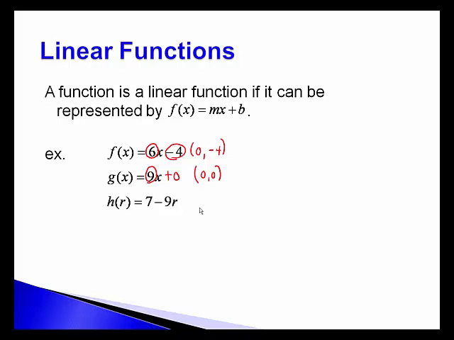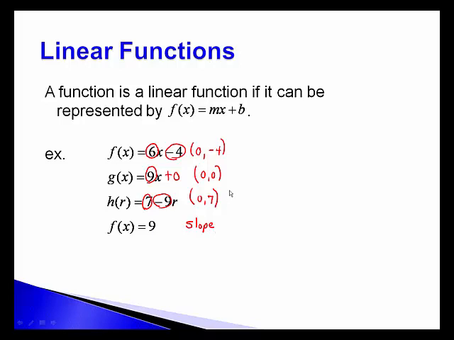This next one we have is h of r is equal to 7 minus 9r. It is written in a little different order, but let me remind you, the slope is still a -9. And the y-intercept this time is a +7, which would be written like that. And then the last one you have is f of x is equal to 9. Well, this time, what is your slope?